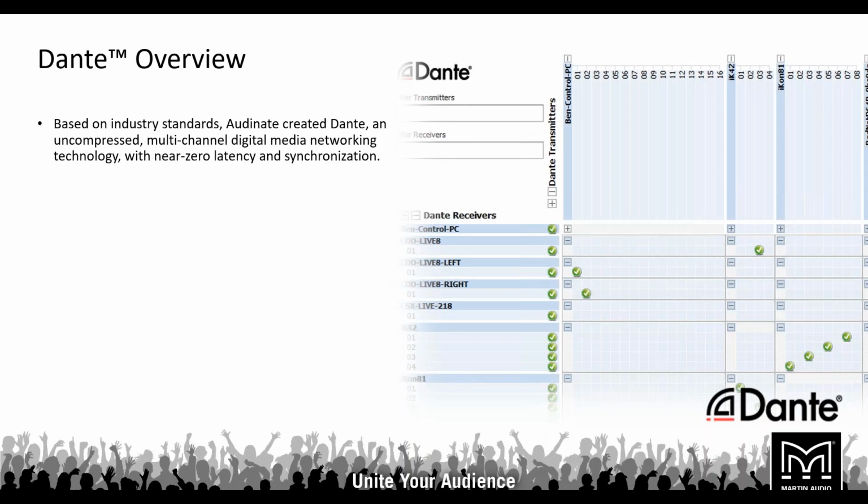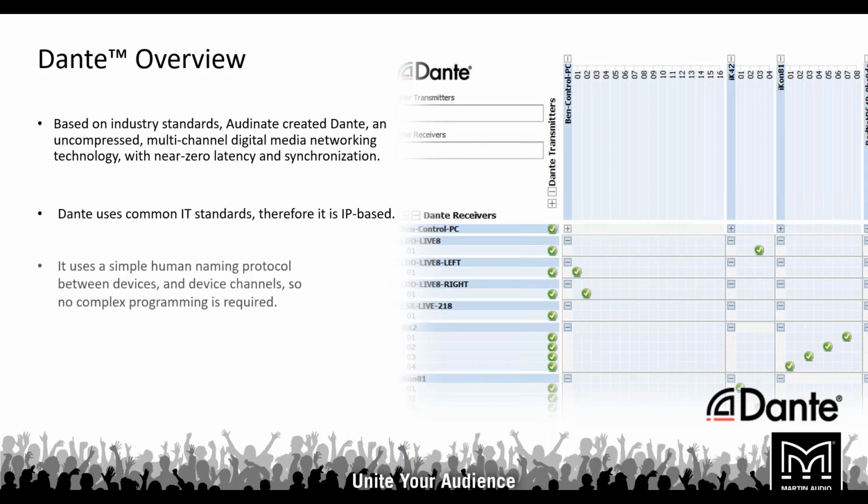So first of all, Dante is based on industry standards. Audinate, an Australian company, created Dante, which is an uncompressed multi-channel digital media networking technology with very, very low latency and synchronization. The nice thing about Dante is that it uses common IT standards, therefore it's IP-based.